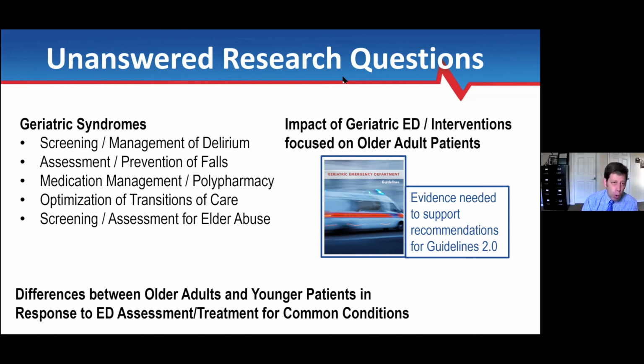I think we all know that most research is conducted on younger people, and most findings that we have are likely related to interventions on younger people. And we also know, I think, that older people react pretty differently to a lot of the assessment and interventions that we have in our emergency departments.